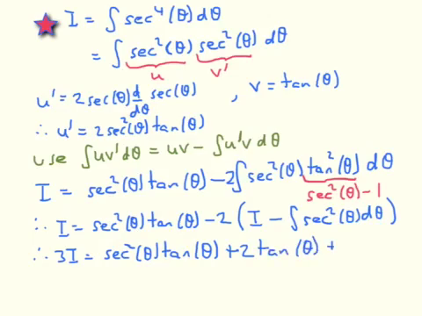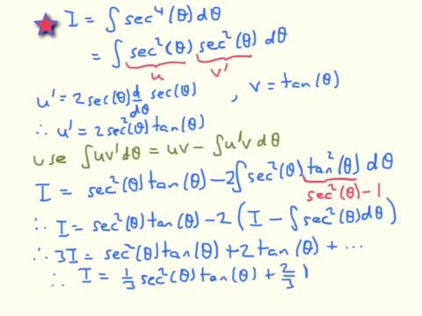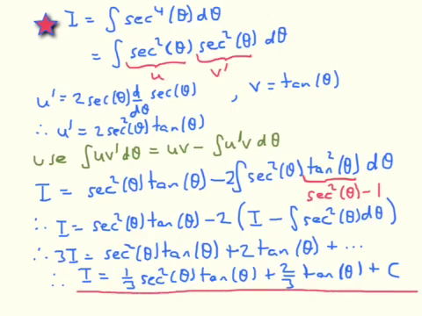And then let's add to this an integration constant, which I won't be too explicit about. So therefore our integral is 1/3 sec squared theta tan theta plus 2/3 tan theta plus an integration constant. And that is our result for the integral.